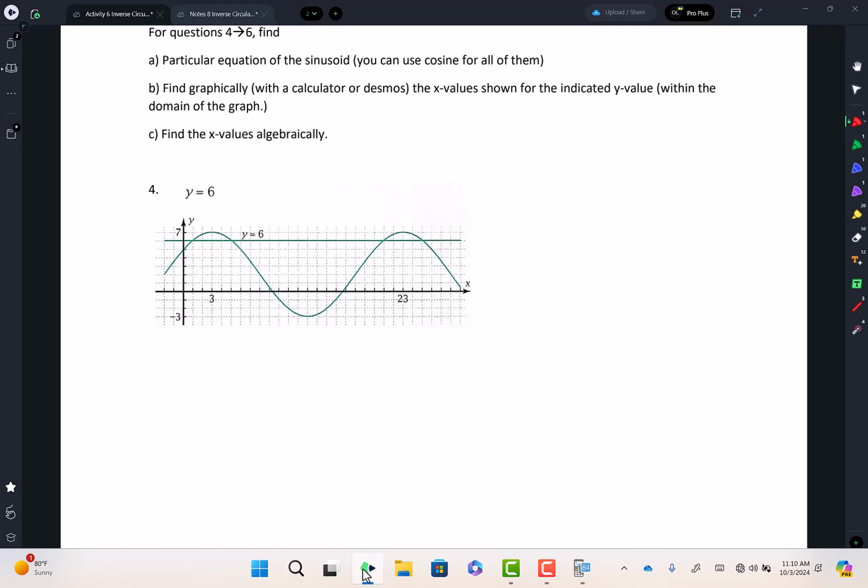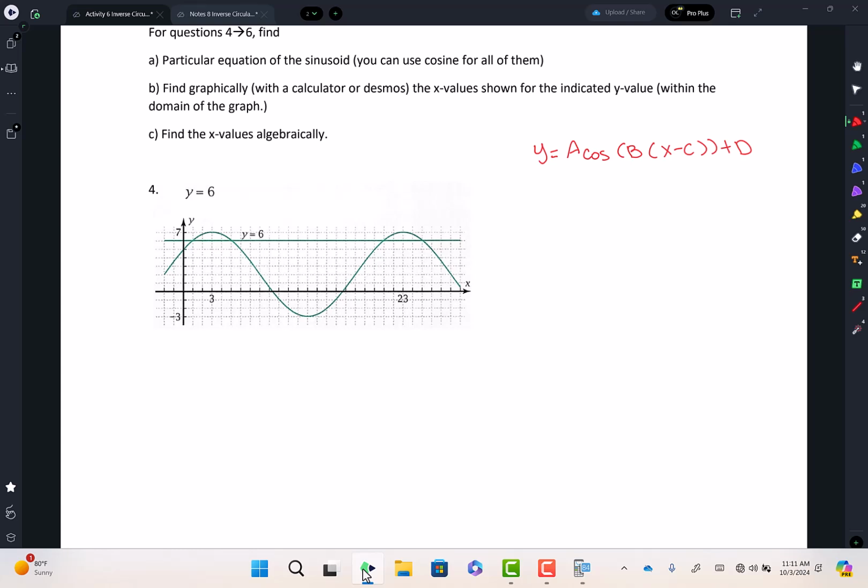So write the general form, y equals a cosine, open parenthesis, x minus c, close, plus d. This is the first time you guys are doing this, so good job.